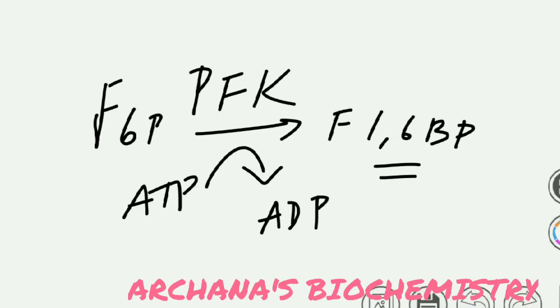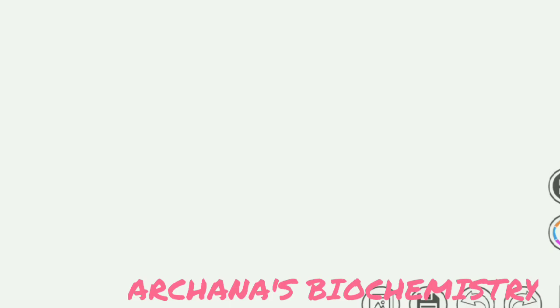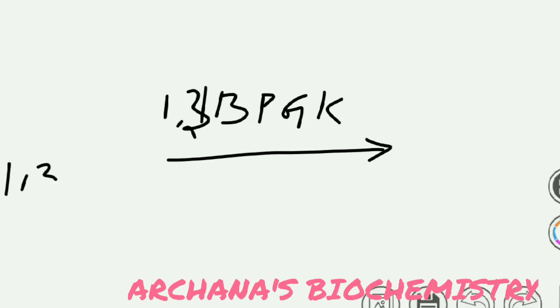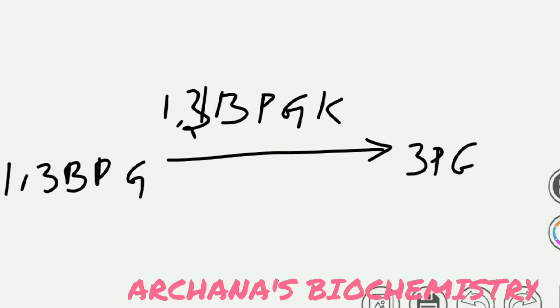Now what about the other two kinases, namely 1,3-bisphosphoglycerate kinase, which converts 1,3-bisphosphoglycerate to 3-phosphoglycerate. Here there is a removal of a phosphate group, so what happens?